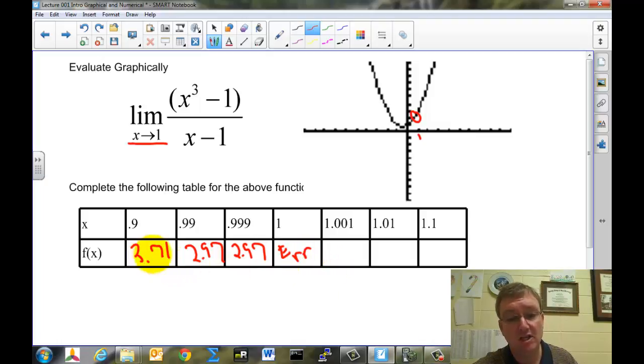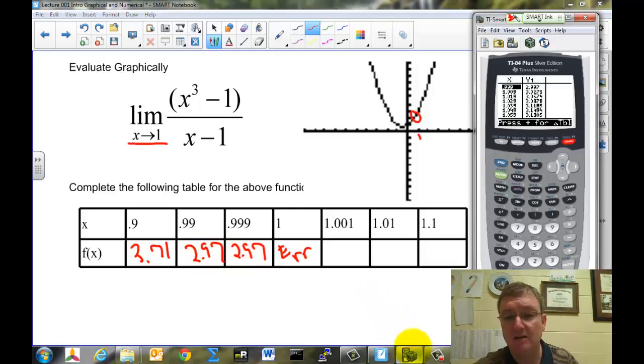Well, just looking at these numbers, what would you say it's getting close to? If we actually move over into the table there, we see it was 2.997001. So it's a little bit higher there. So it looks like the function just keeps going up.